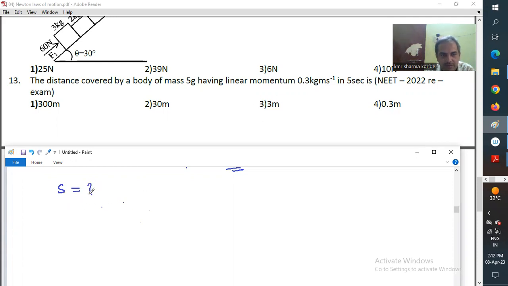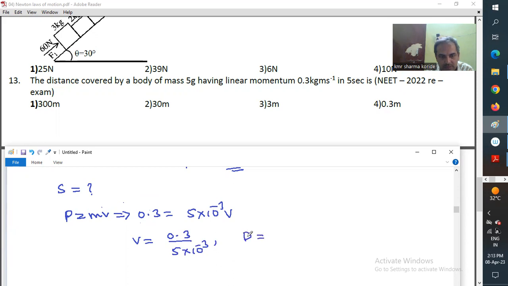So to find out distance, first you find out with what velocity it is moving. So momentum is equal to mv, linear momentum in particular. So 0.3 is equal to m, which is 5 grams, convert into kg, with velocity. So therefore, velocity is equal to 0.3 by 5 into 10 to the power of minus 3.